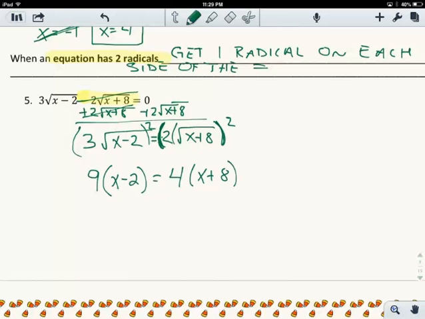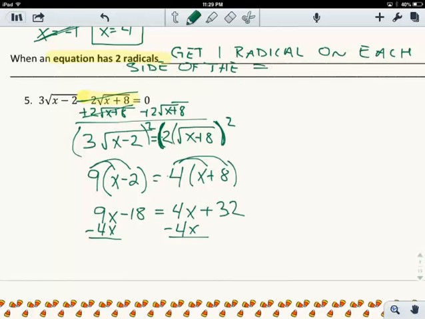We're going to go ahead and solve that like a multi-step equation where we're going to distribute here. So we'll have 9x minus 18 equals 4x plus 32. 4 times 8 gives us that 32. And then we're going to subtract our 4x. I'm going to do 2 steps at once here, so stay with me.